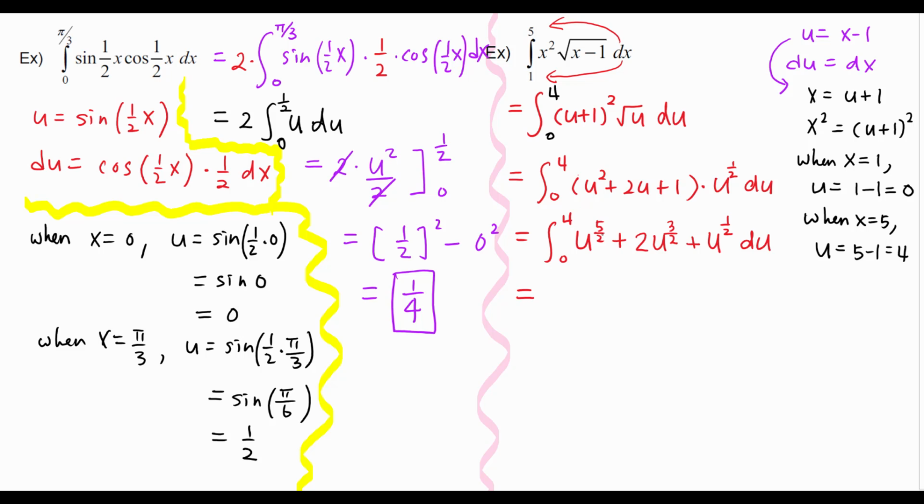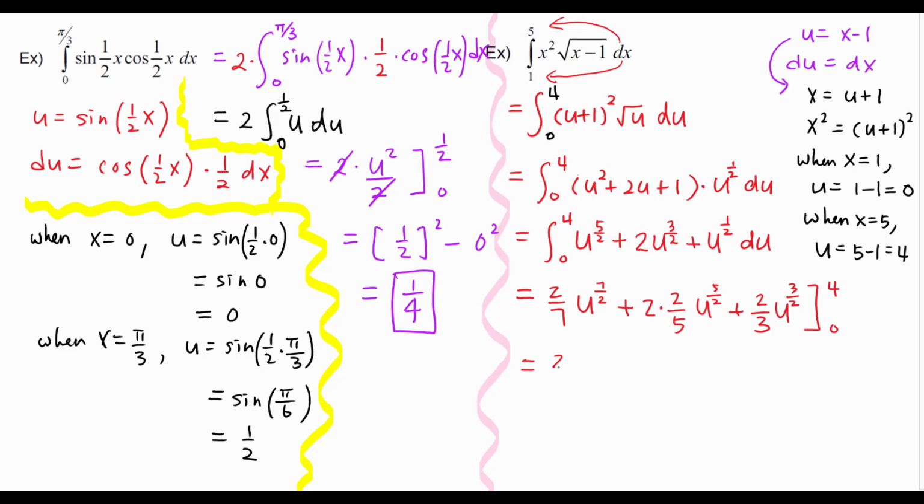When you integrate u to the 5/2, I'm gonna add 1 power, which is 7/2, reciprocal is 2/7 u to the 7/2, plus 2 times 3/2 plus 1 is 5/2, reciprocal 2/5 u to the 5/2, plus u to the 1/2 plus 1 is 3/2, reciprocal is 2/3 u to the 3/2, from 0 to 4.